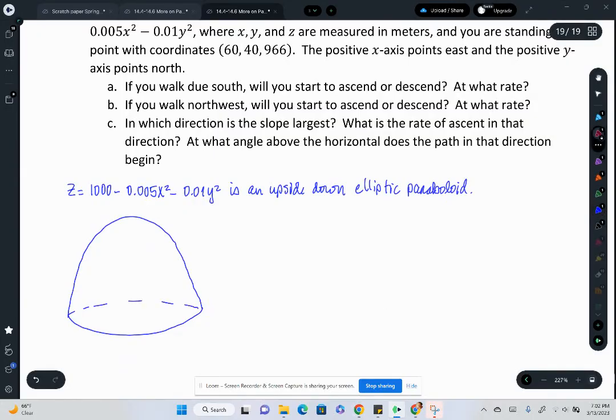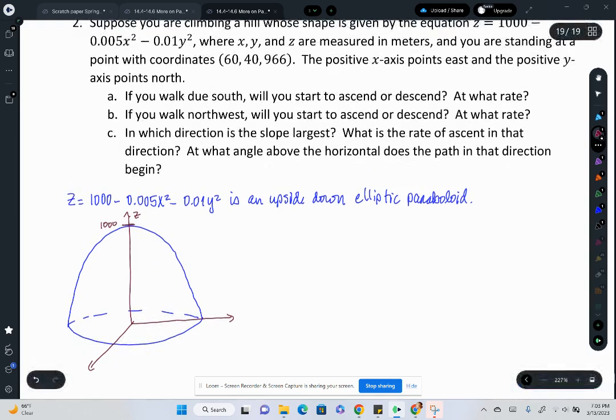The easiest way to do this is draw the paraboloid first. Don't worry about being accurate. Just get a shape on here. Highest point is 1000. They're telling us that we're standing at a point whose coordinates are 60 in the x direction, 40 in the y direction, and 966 in the z direction.